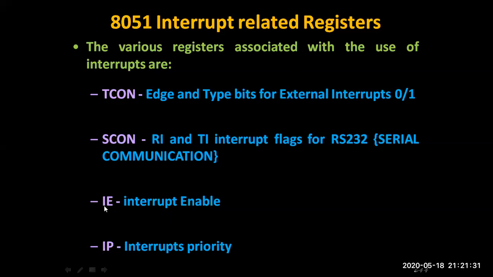In order to enable the interrupt, you have to set some values into this register. Then there is the interrupt priority register. Suppose two interrupts come at a time, the microcontroller should decide which interrupt to serve first. That is given by the interrupt priority, and depending on it, it will serve that interrupt.